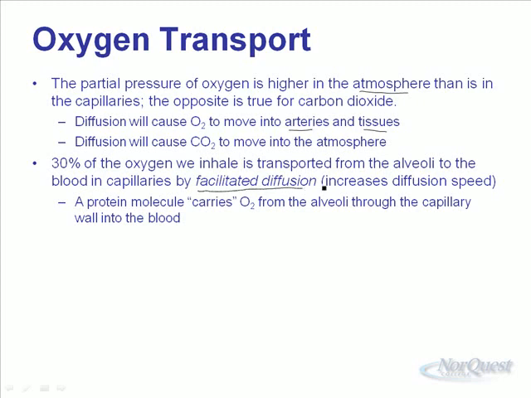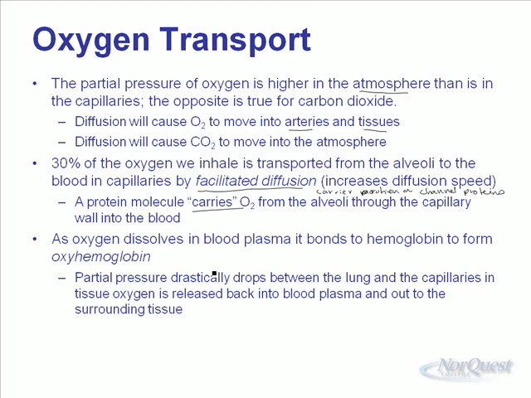So that means there's either carrier molecules or carrier proteins, or channel proteins in the cell walls of our blood vessels, pushing all this oxygen into our blood. So a protein molecule carries the O2 from the alveoli through the capillary wall into the blood.